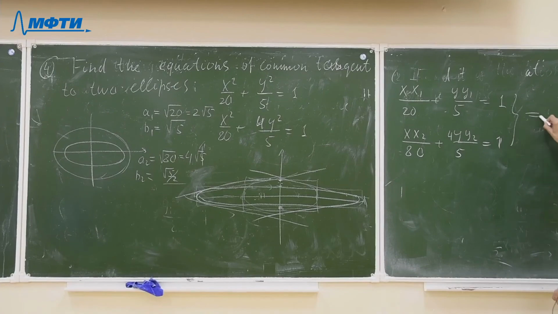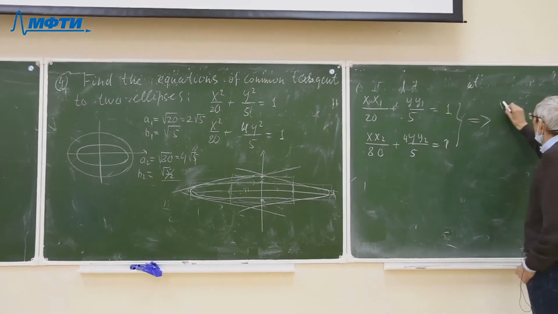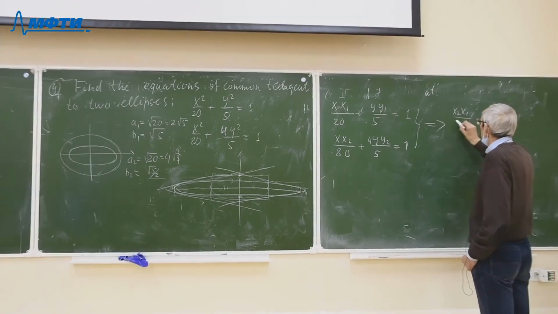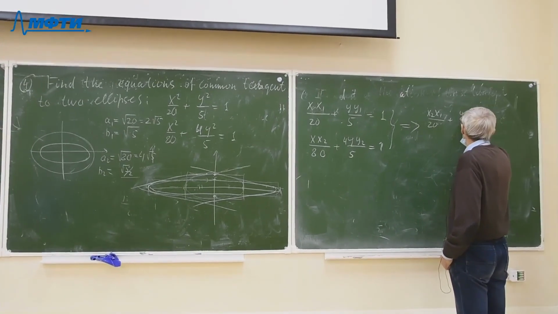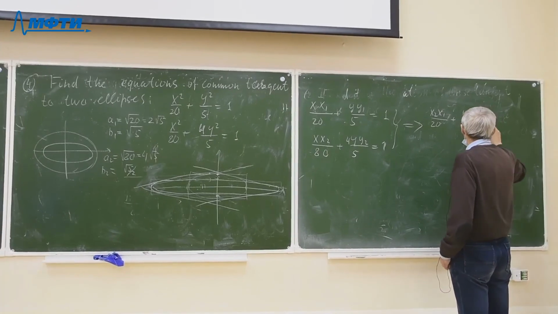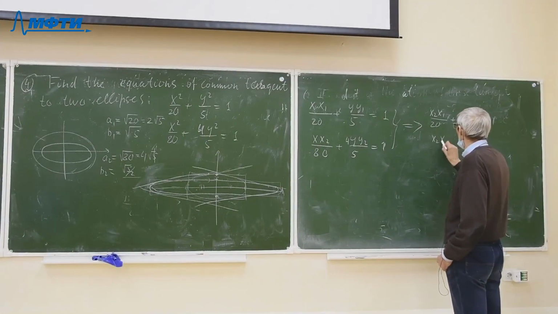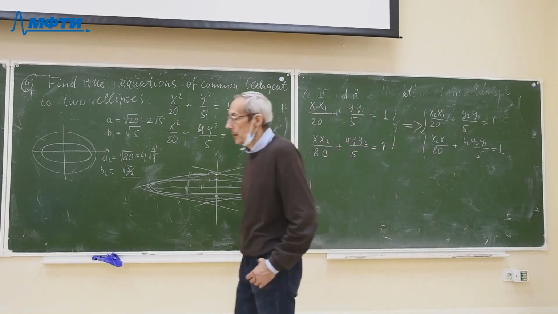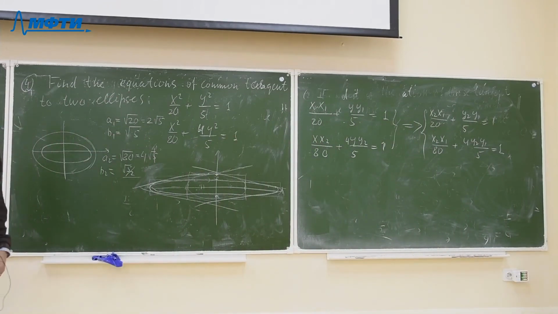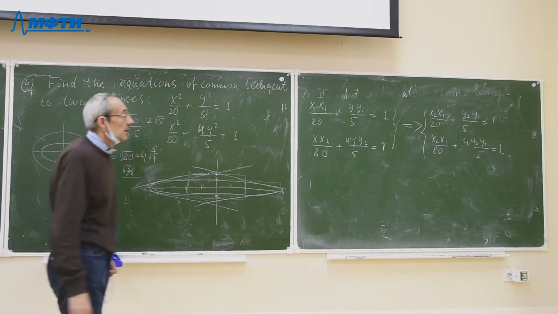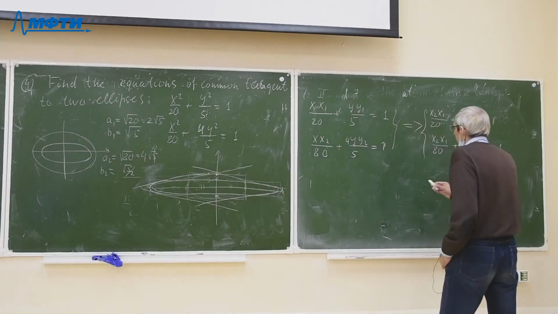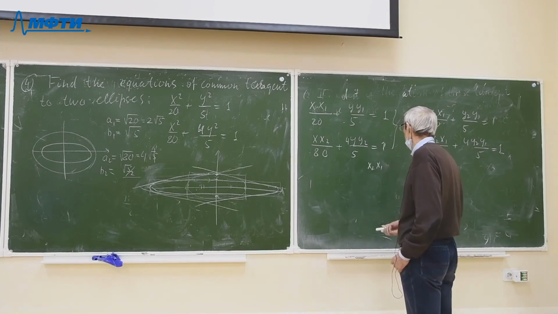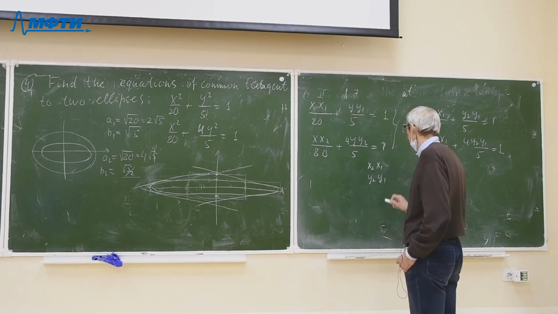So we obtain the following system of equations: x x1 divided by 20 plus y y1 divided by 5 is equal to 1, and the second, x x1 divided by 80 plus 4 y y1 divided by 5 is equal to 1. This is a linear system of equations relative to the products x x1 and y y1.